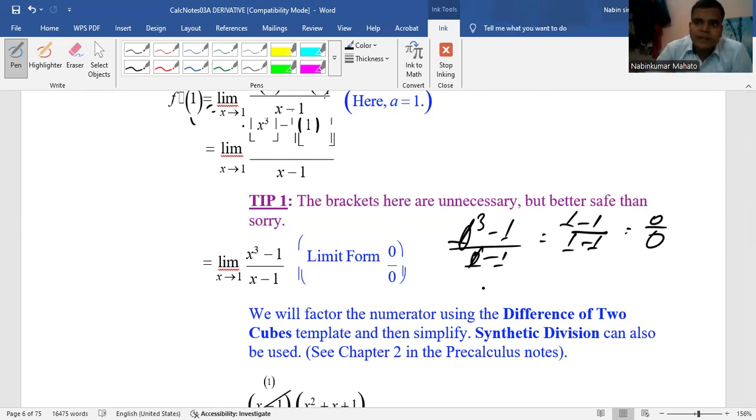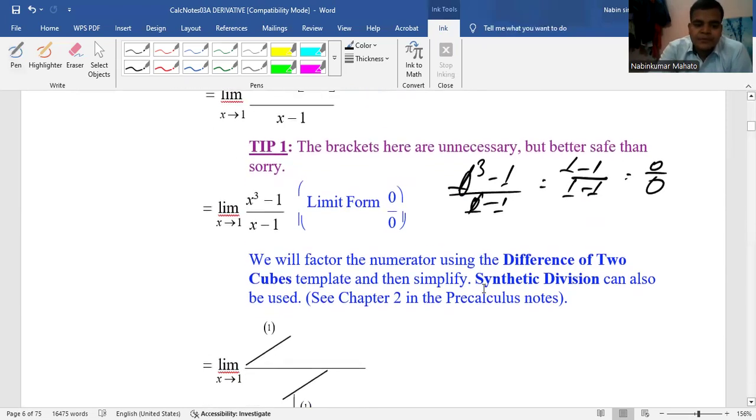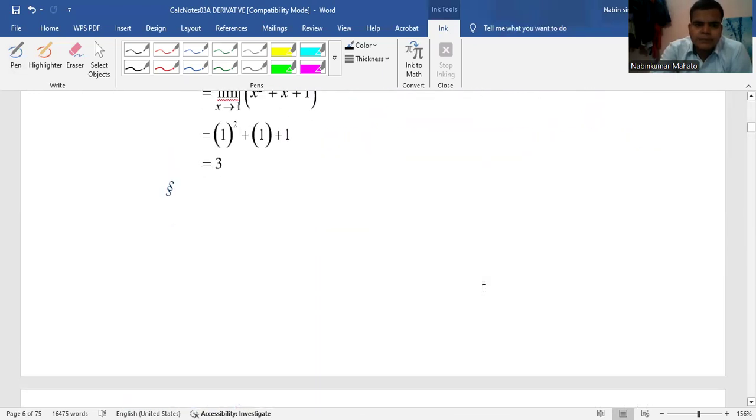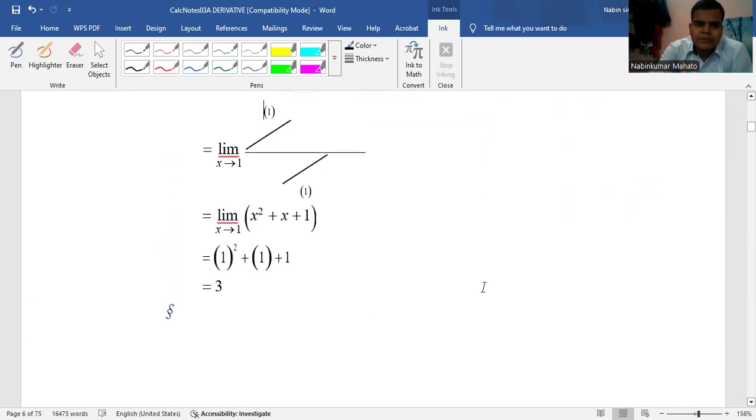We will factor the numerator using the difference of two cubes. Synthetic division can also be used; see chapter 2 in the pre-calculus. Look at here, here is x square plus x plus 1.